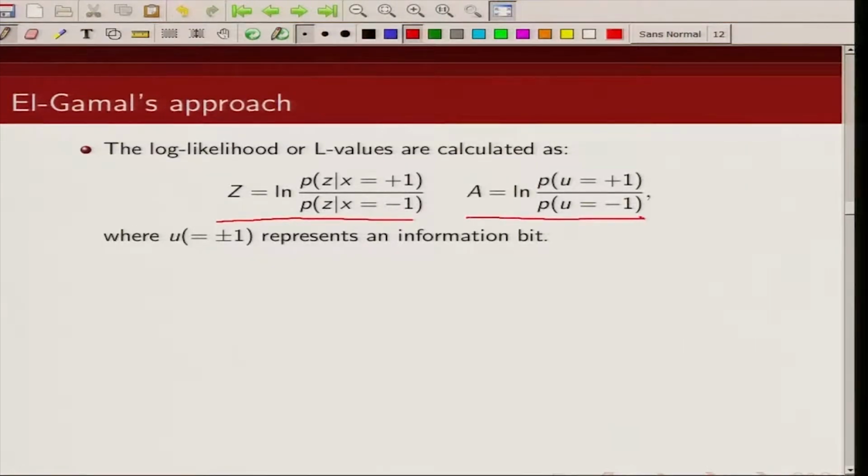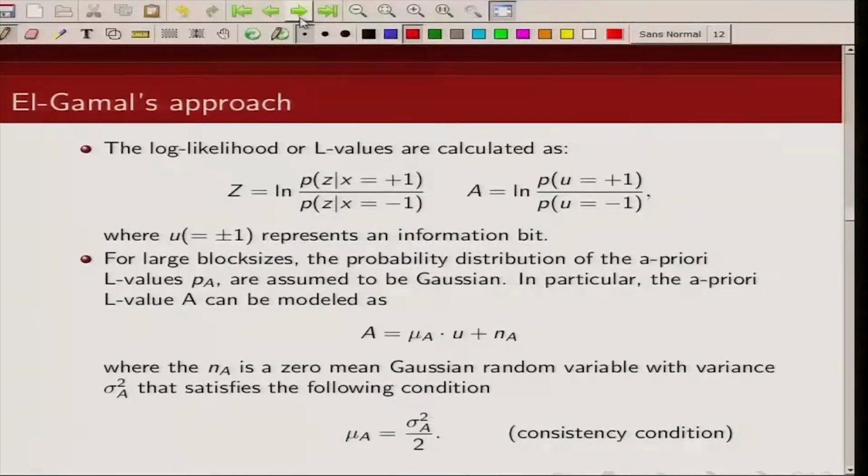Similarly, the L value of this a priori information I can write like this. Now, for large block sizes, this a priori distribution is assumed to be Gaussian. So, we model this a priori L value in this particular way in Al-Gamal's approach.